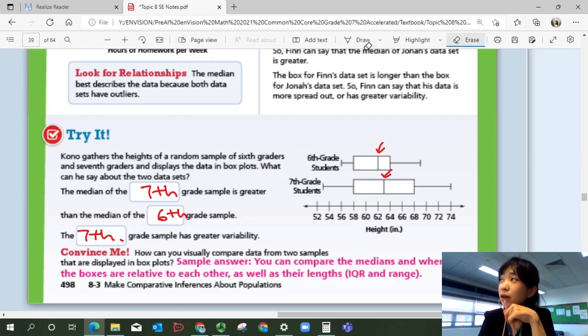So this is the sample answer. You can compare the medians and where the boxes are relative to each other, as well as their lengths, which is IQR and range. So the box length would be the IQR. The range from minimum to maximum would be the range. You can talk about all of those when you're comparing data with the box plot.